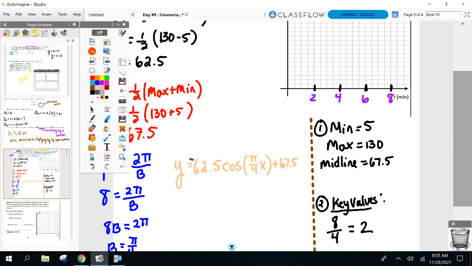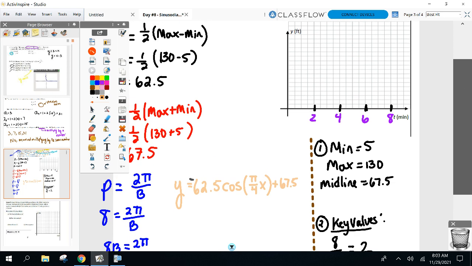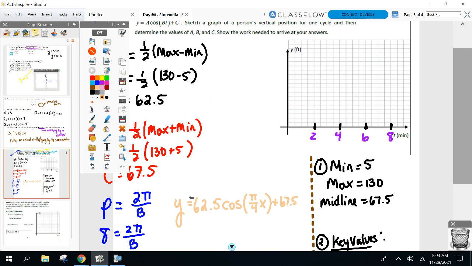Y-axis, that's your choice. I need 5 all the way to 130. It's your choice what you go by on the y-axis. I'm probably thinking 10s here, maybe, everyone. But that's your choice. You want to go by 15s? Sure.